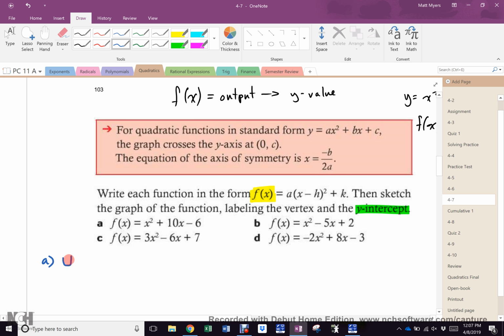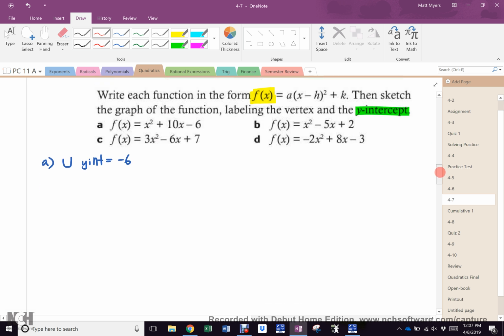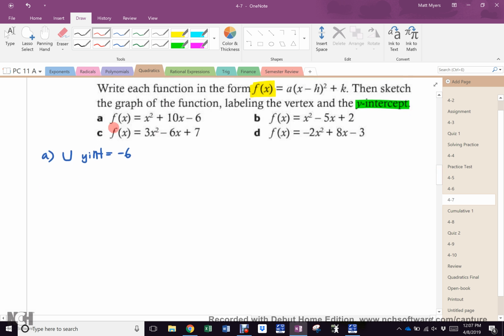It's that kind of parabola. And what else do I know? I know one other thing right away. Right. The y-intercept equals -6. Yeah? Okay. Let's go. What should I change f of x to so I can work with this easily? Y equals x squared plus 10x minus 6. Yeah?